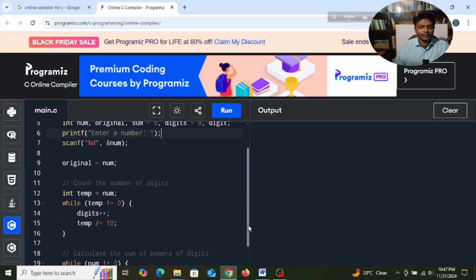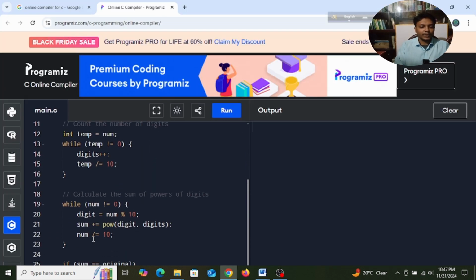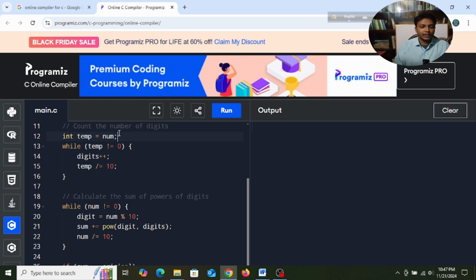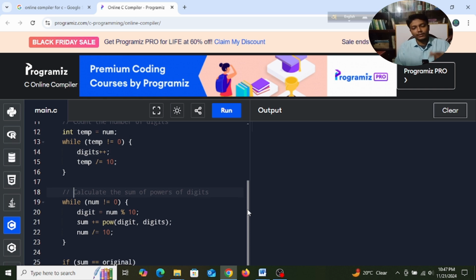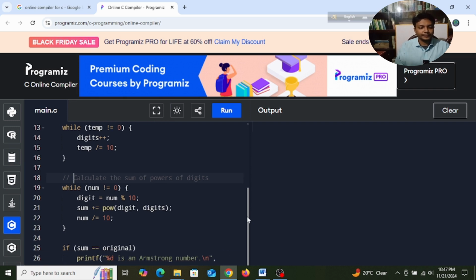After this while loop, we have another while loop. In the first loop we just counted how many digits are there in the number, and now we will calculate the sum of the power of the digits, as we've discussed in the beginning, right?